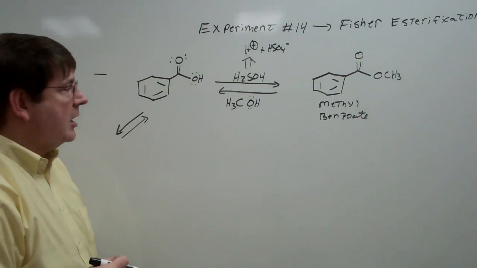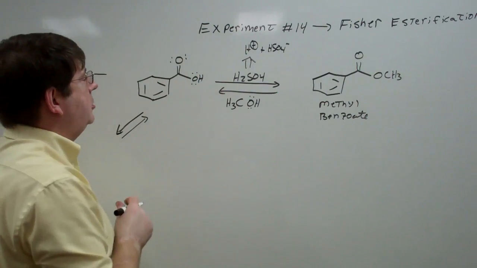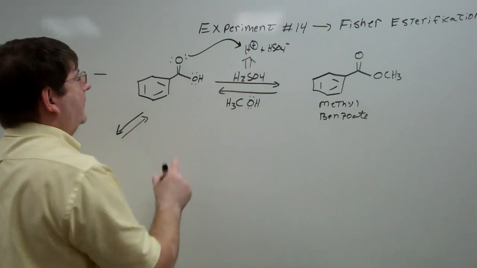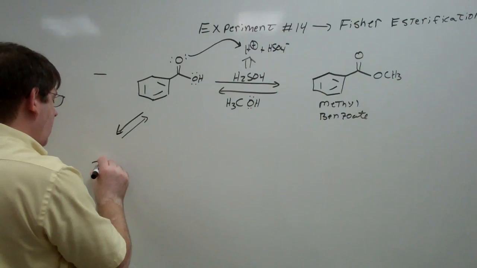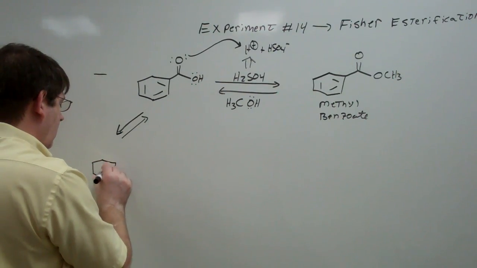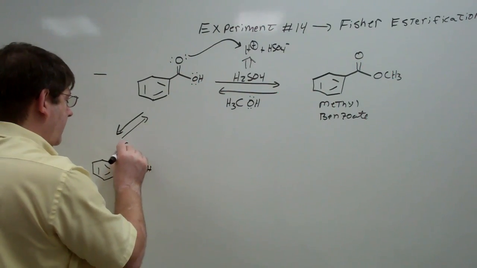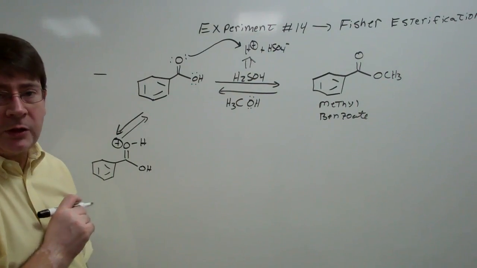We know it completely dissociates in solution. And so what happens is the carbonyl oxygen will react with the H+ to become protonated. This is actually the Lewis base oxygen. And so we end up with the protonated benzoic acid. That puts a formal positive charge on that carbonyl oxygen.